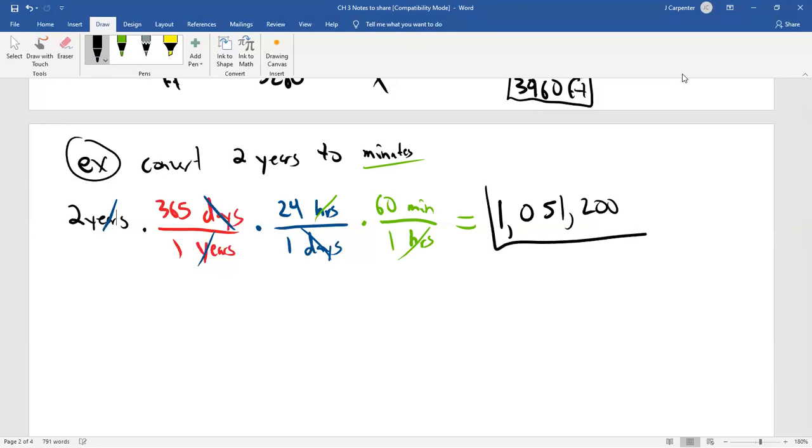And that's our answer, right? Nope. Why is that wrong? Units. Minutes. 2 years is about 1 million minutes. Do you know why we talk about time on the long scale in years instead of minutes? It's really hard to grasp 1 million minutes. It's a lot easier for us to grasp 2 years.